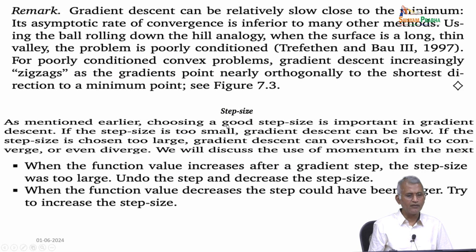So, we have a note: gradient descent can be relatively slow close to the minimum. Its asymptotic rate of convergence is inferior to many other methods.